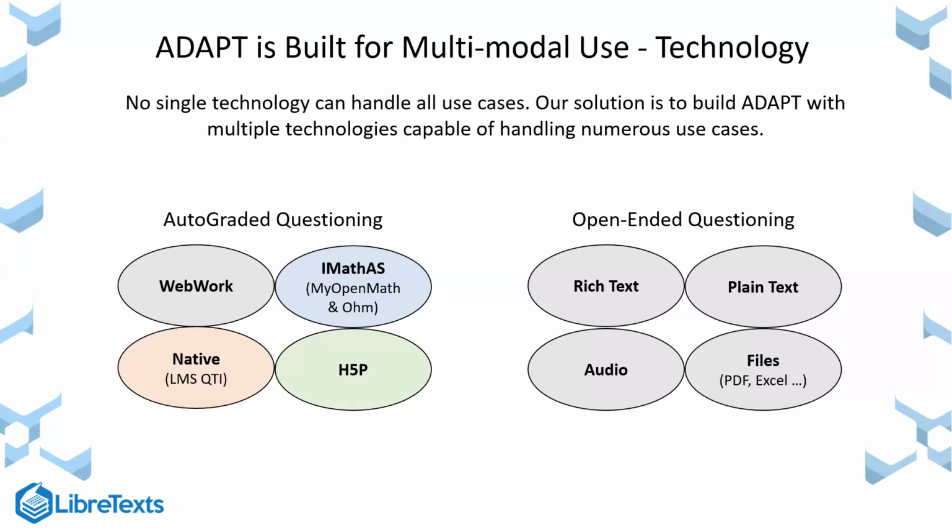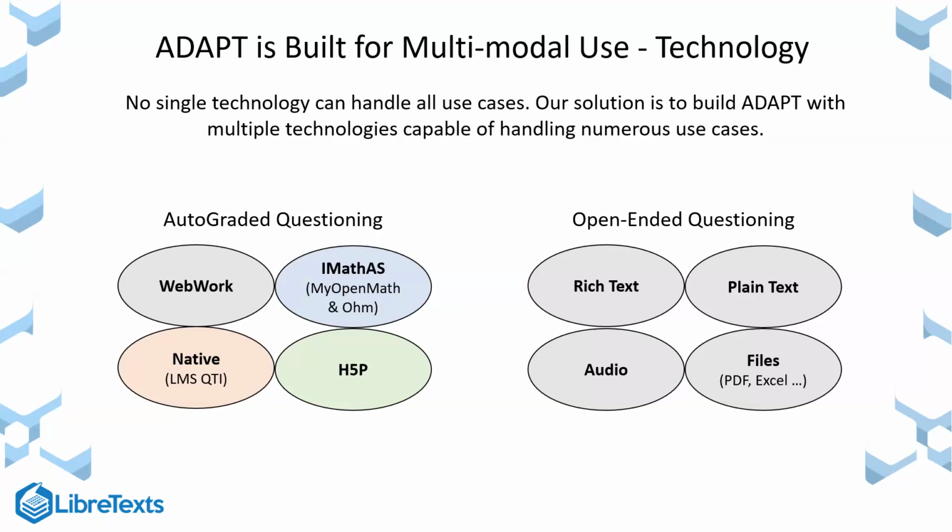The auto-graded relies on four different types of technologies. One is called WebWork, which originated from the University of Rochester, a beautiful technology built primarily for math and engineering. Complementing that is IMathAS. IMathAS is the technology that underlies MyOpenMath, or Lumen Learning's OHM system, or the XYZ homework system.